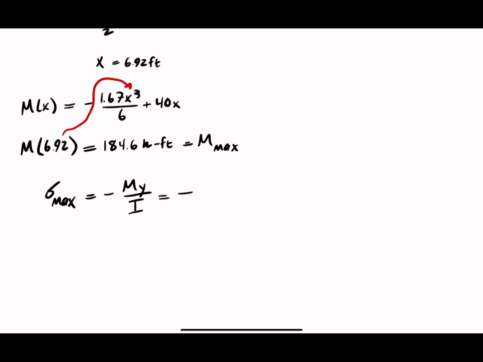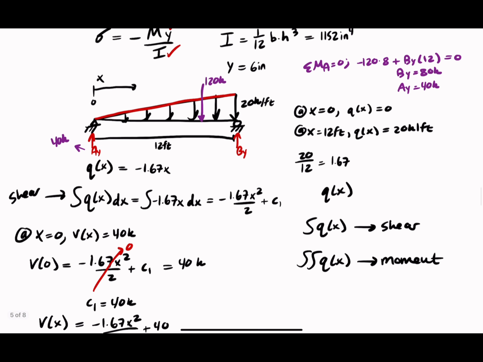So now we know it's 184.6 kip-feet. We want to make sure we convert that to inches, so we do 1 foot over the 12 inches, times the y.